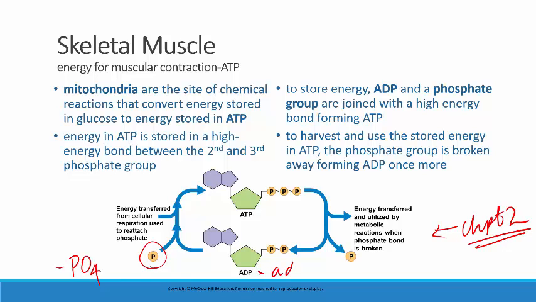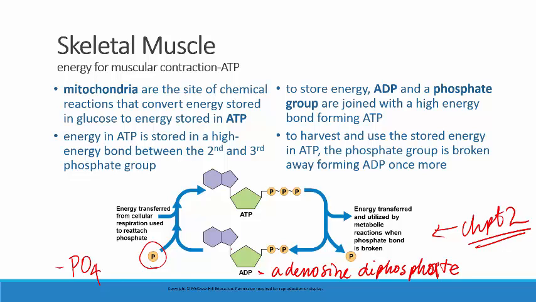ADP means adenosine diphosphate. We have ADP available in the cytosol, near the mitochondrion, ready to be built on. ADP is an adenosine molecule, a 5-carbon sugar built off of adenine, one of the nucleotides used to build DNA and RNA.